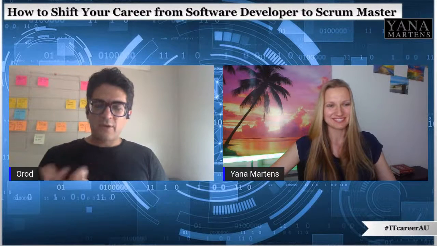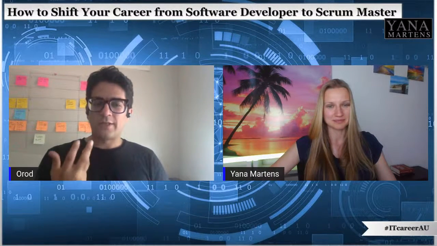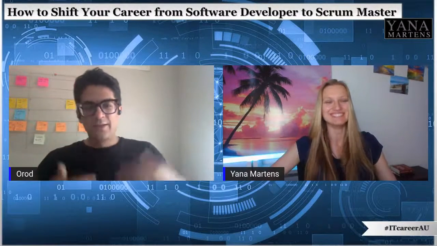You show your friends, this is what I've done. As a Scrum Master, a lot of times what you achieve is not quite tangible. There is nothing really you can show. You can feel that people are happy, everything's working well, people like you, people talk to you, all that kind of stuff.